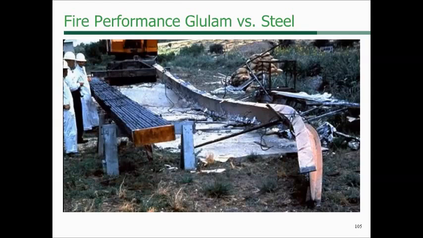Okay, so related to fire and the performance of wood construction, this particular example shows a glue-laminated versus a steel beam, glue-laminated timber being on the left, and they both started out as the same strength. One would be, for example, a Type 2B construction where the wide flange is not protected by any sort of fire protection, and then we have the exposed glue-laminated timber.